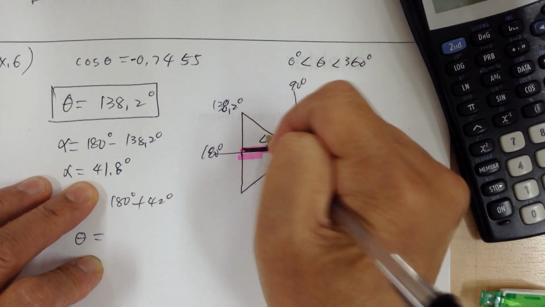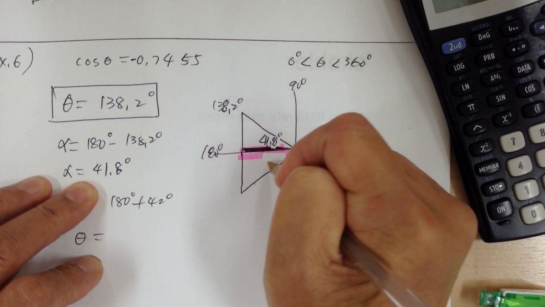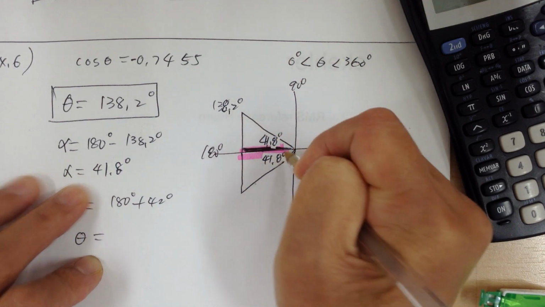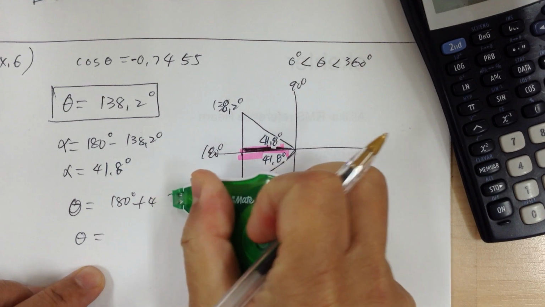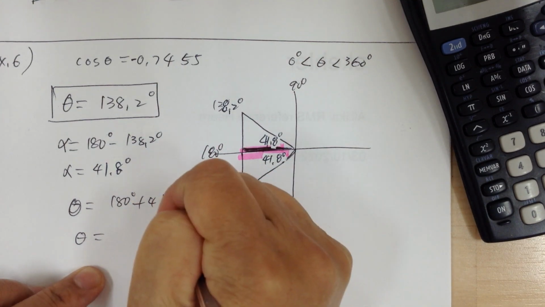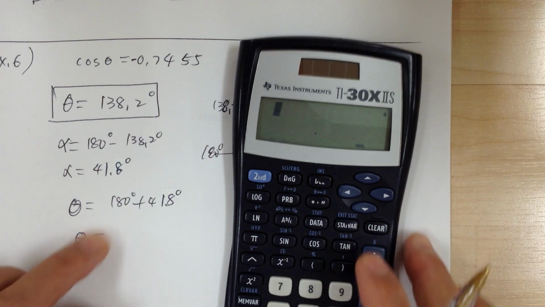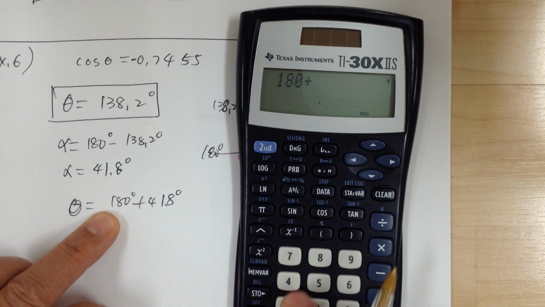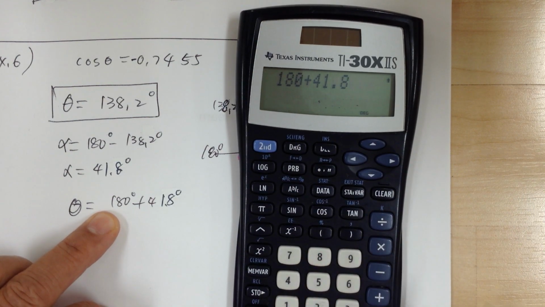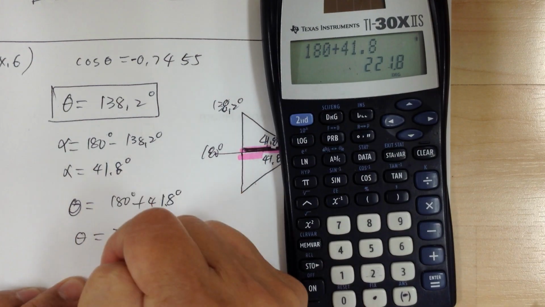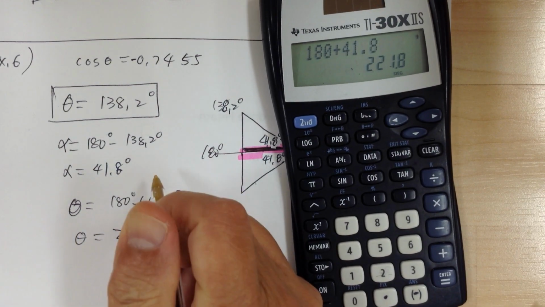So this is 41.8 degrees, and this would be 41.8 degrees. Okay, so just go and add 41.8 degrees. Just get your calculator. Okay, so you got 180 plus 41.8, and this will give you 221.8 degrees.